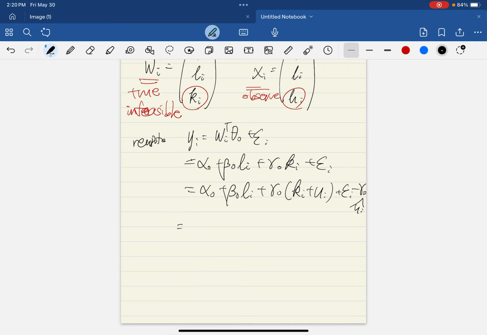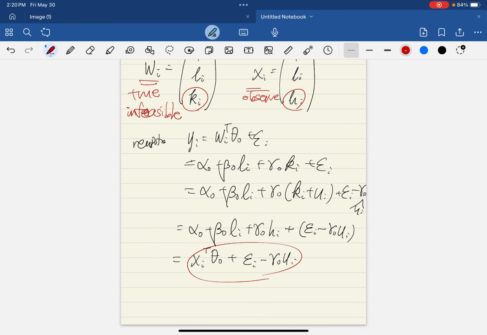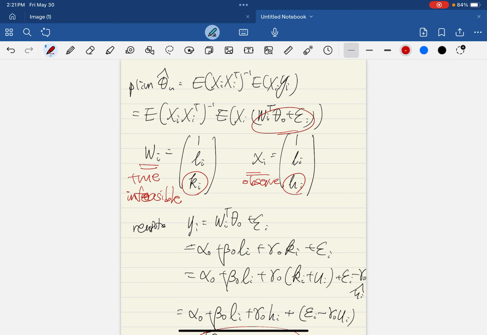So that is alpha 0 plus beta 0 l_i plus gamma 0 h_i, and then the error term now becomes epsilon minus gamma 0 u_i. So that is x_i transpose theta 0 plus epsilon_i minus gamma 0 u_i. I will actually use this here.